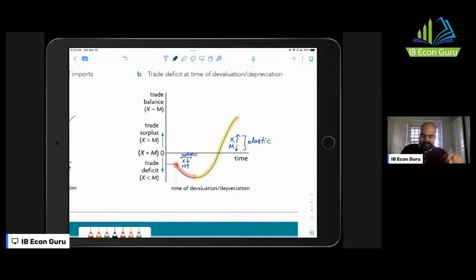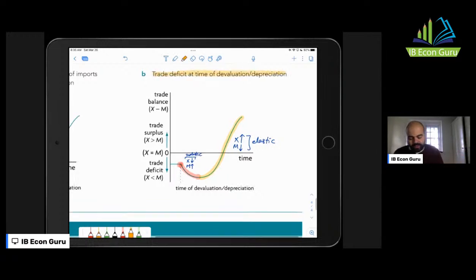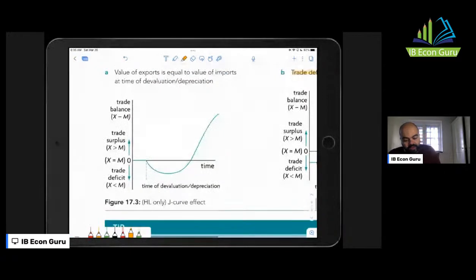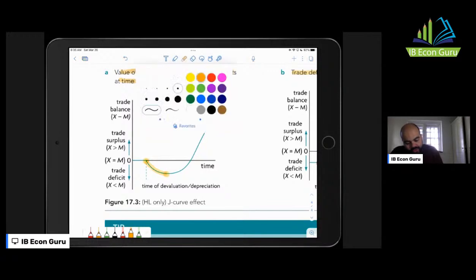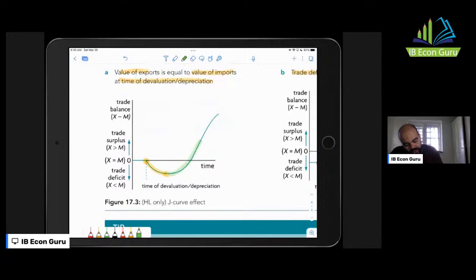Something to think about, okay? So this is a trade deficit at the time of devaluation or depreciation. And if the value of exports is equal to the value of imports at the time, say you start with the value of exports and imports equal, what's going to happen is, once again, there'll be a trade deficit in the short run if you depreciate or devalue your currency, followed by a trade surplus in the long run.